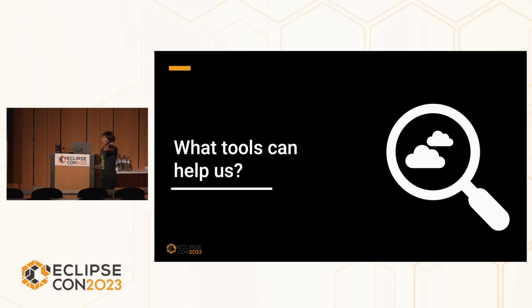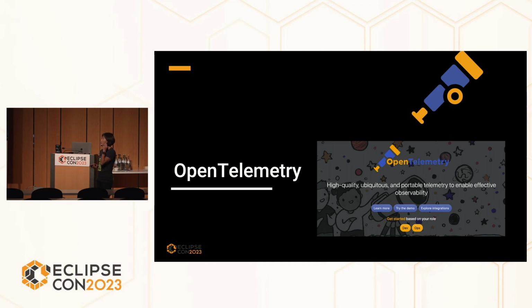So are there any tools to help us do observability? Luckily, we have a few tools. One tool is called OpenTelemetry. Who knows OpenTelemetry? Brilliant. OpenTelemetry is under the CNCF. It's language agnostic.